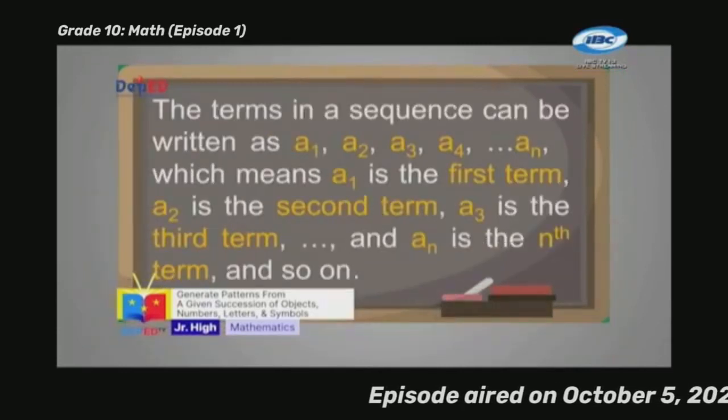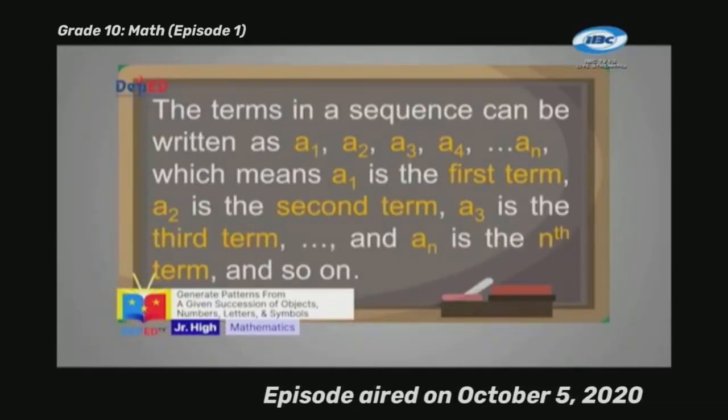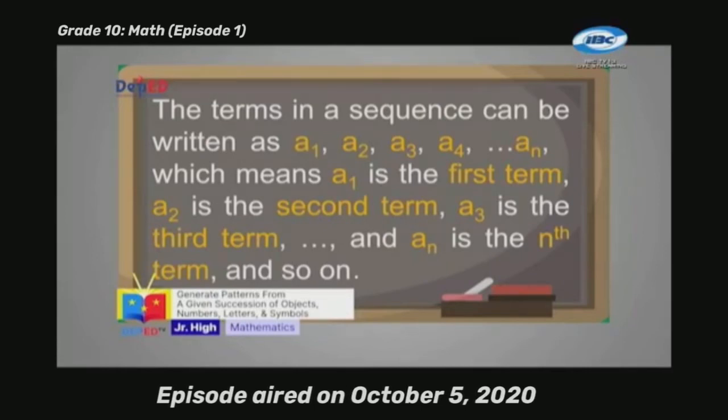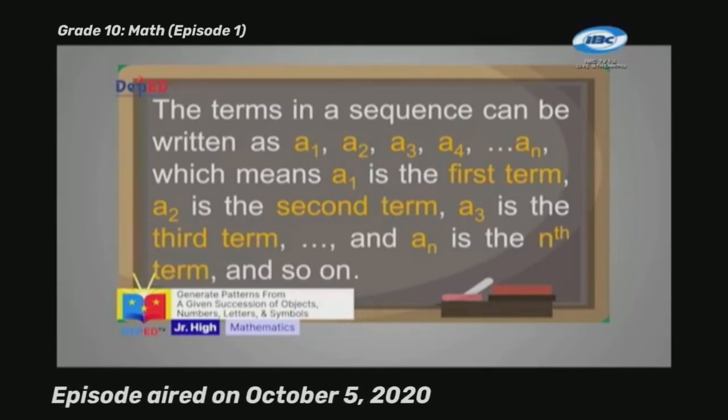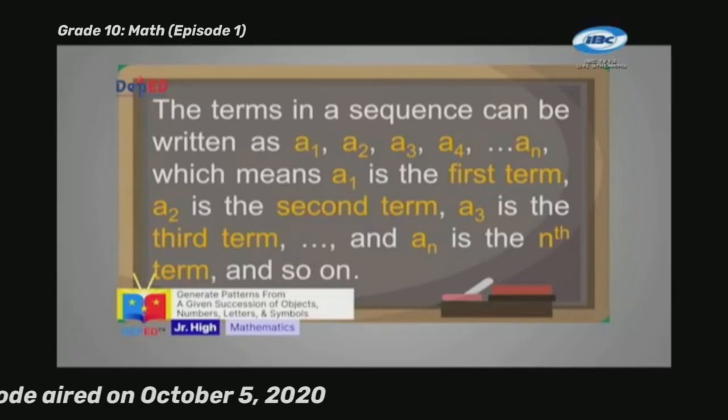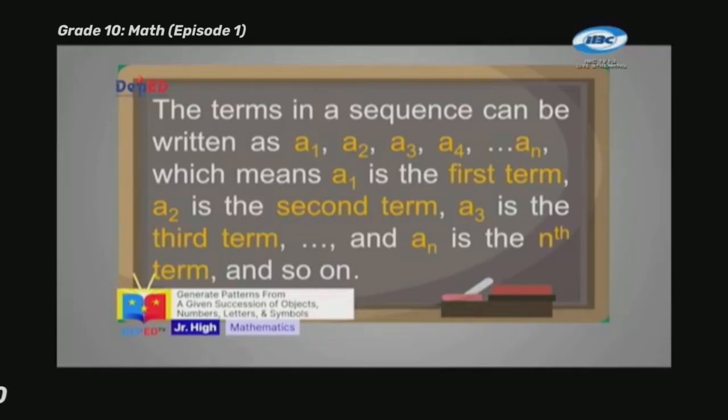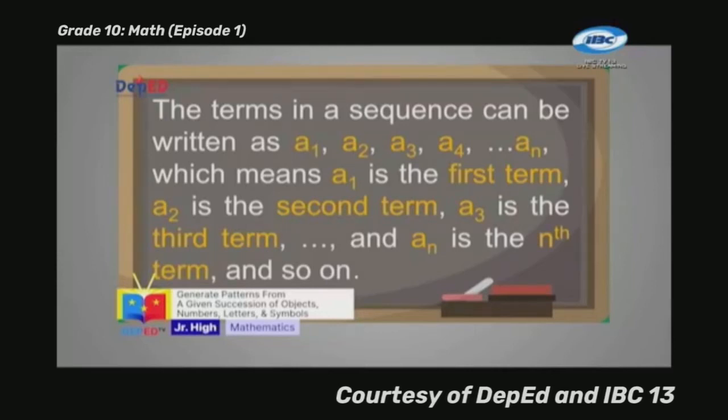The terms in a sequence can be written as a sub 1, a sub 2, a sub 3, a sub 4, and so on up to a sub n, which means a sub 1 is the first term, a sub 2 is the second term, a sub 3 is the third term, and a sub n is the nth term, and so on.